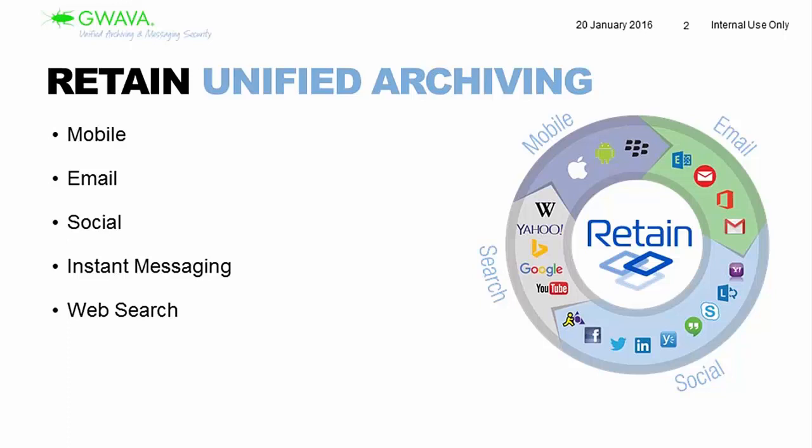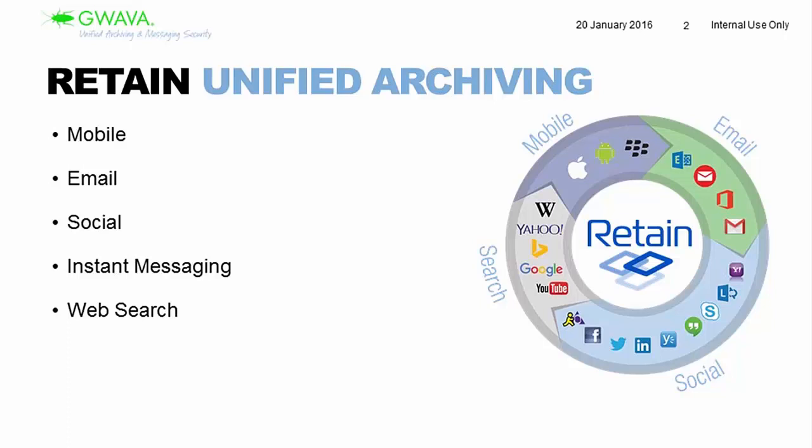What's great about that idea is that you don't have to have separate solutions. If you want to find email that has been archived, you can go to one archive. If you want to find social media, go to that same archive. The other thing is that it can grow as you grow. Let's say that today you have an email solution, and tomorrow you change your email solution.